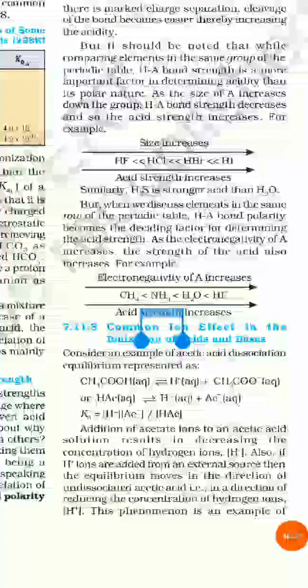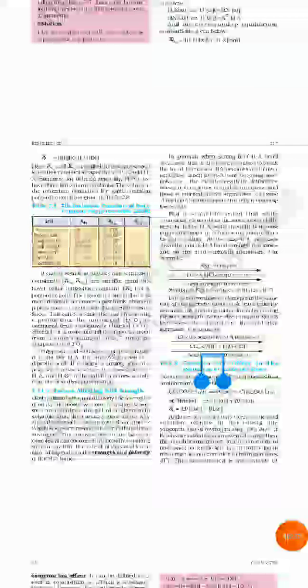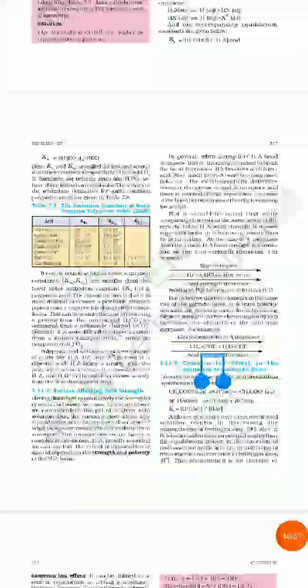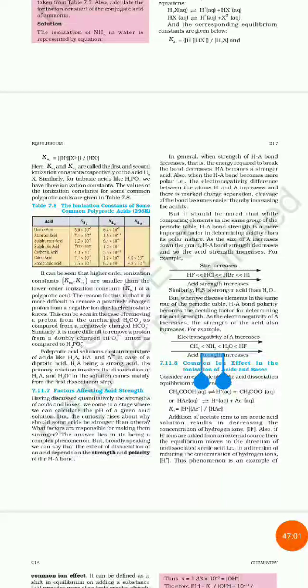So these are the factors affecting the acid strength. If you ask what acid strength depends on, one is size, and another is electronegativity. If atomic size increases, acidic strength increases. If the electronegativity value is higher, the acid has more acidic strength.